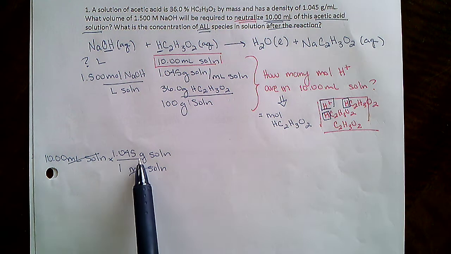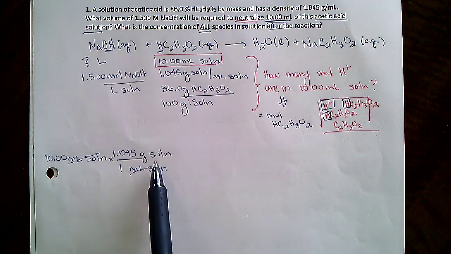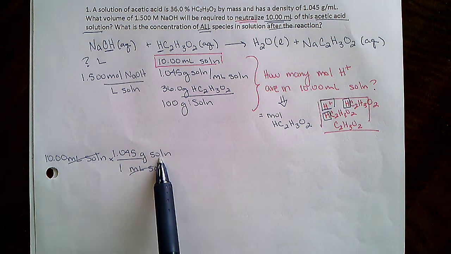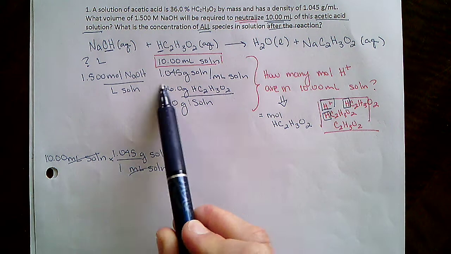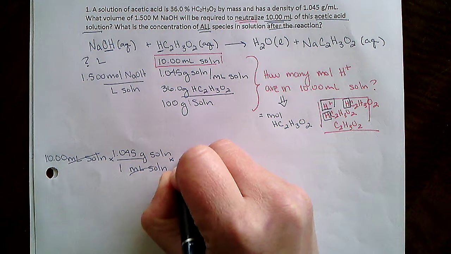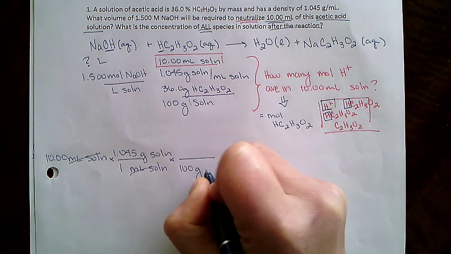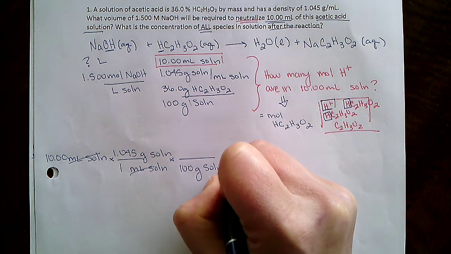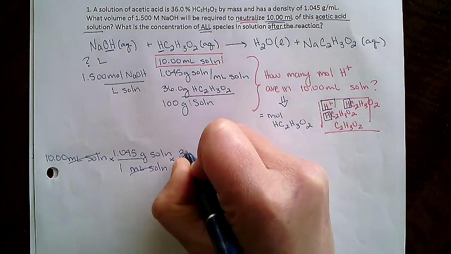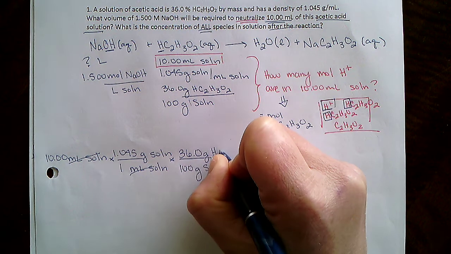Now, ultimately, we want to know something about moles of acetic acid. But right now, we're talking about grams of solution. So what can take us from grams of solution to grams of acetic acid? The mass percent. That mass percent tells us for every 100 grams of solution, you're going to find 36.0 grams of acetic acid dissolved.